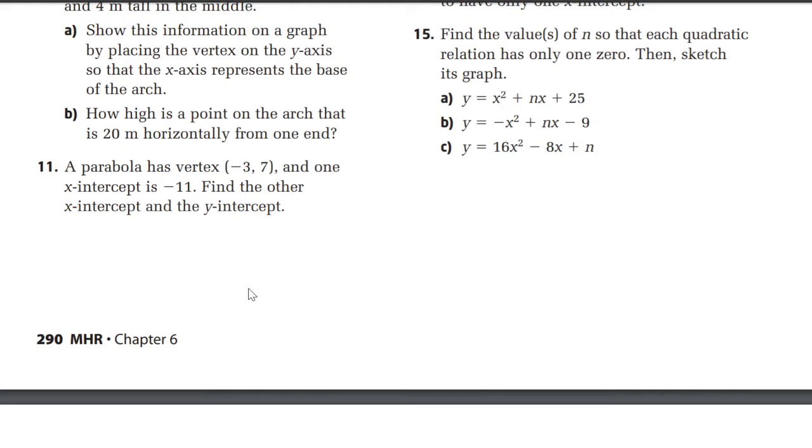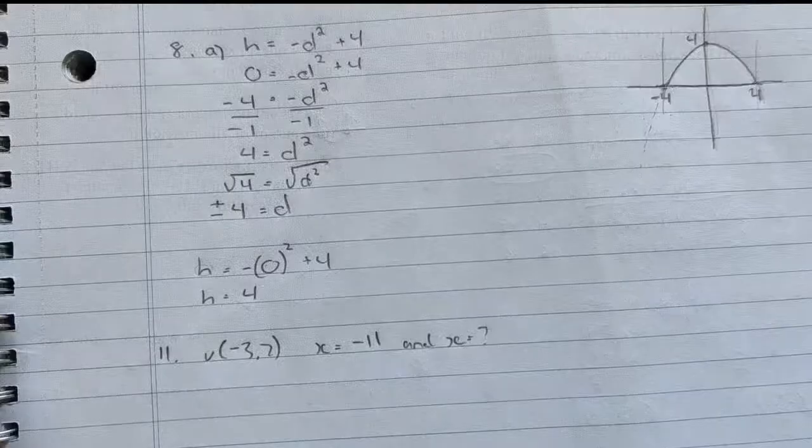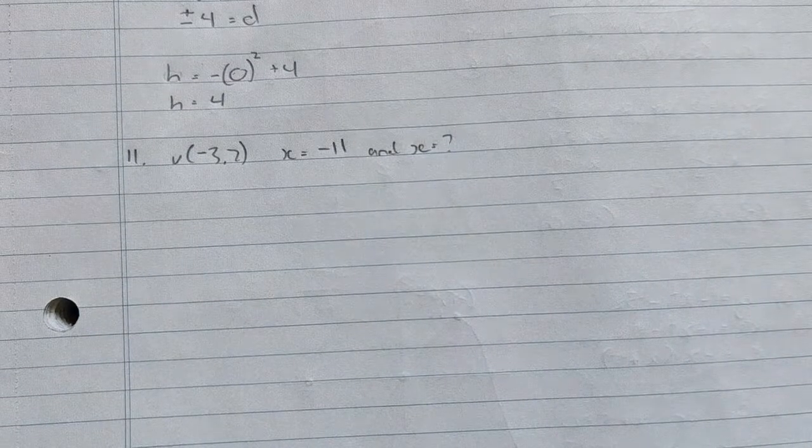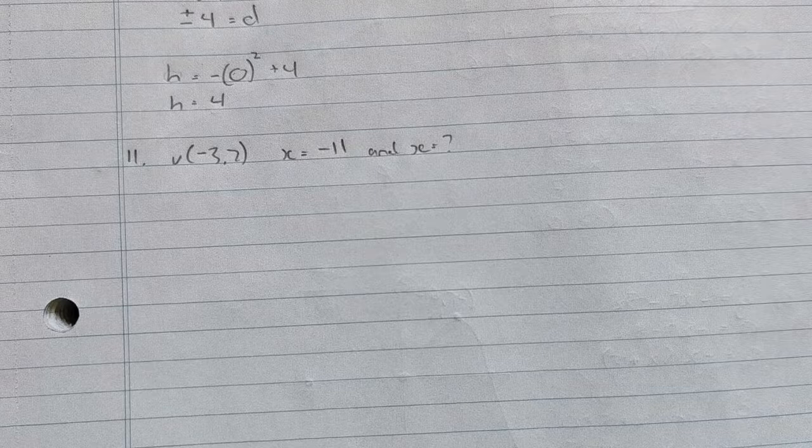So we want to find the other x-intercept, and we want to find the y-intercept. We only know one x-intercept. We know the vertex. And so we want to create an equation for that.